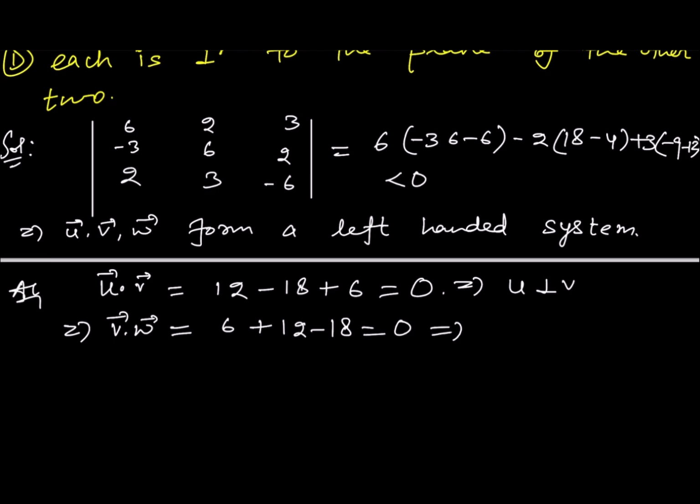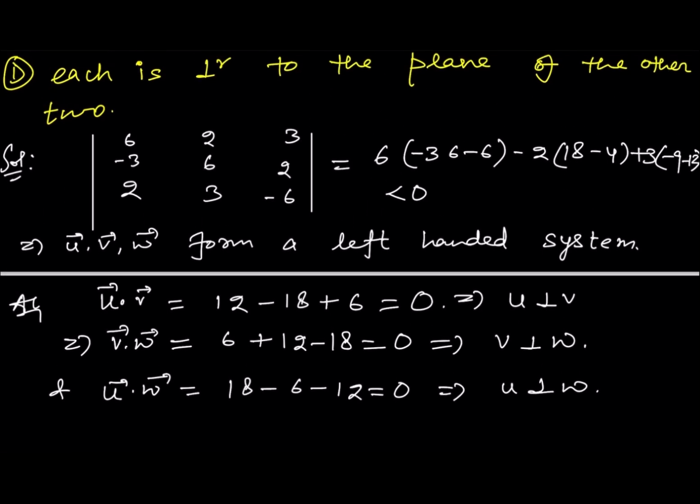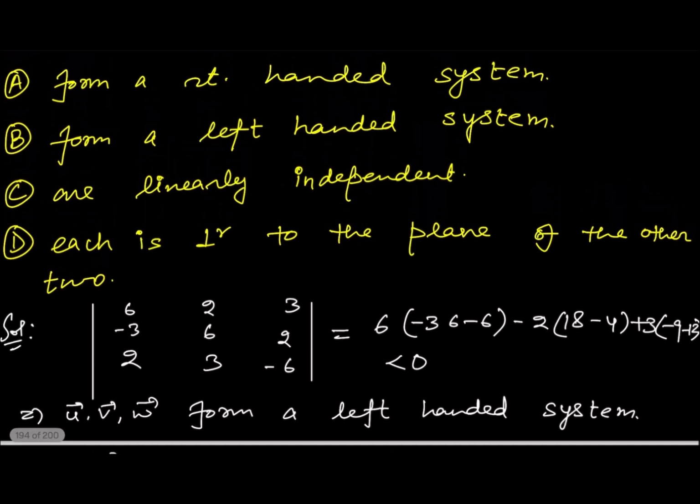So here v is perpendicular to w. And u dot w means 6 into 3 is 18 minus 6 minus 12, which is again 0. So from here we can say u is perpendicular to w. So each is perpendicular to the plane of the other two, means option D is correct.